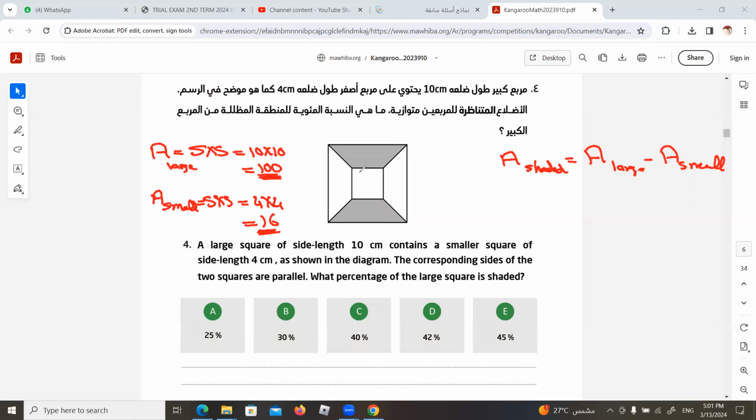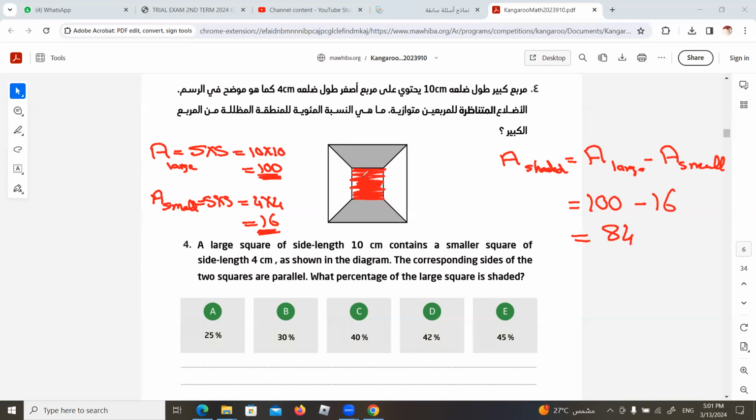I remove the small square like this. Removing the small square means 100 minus 16, which is 84.